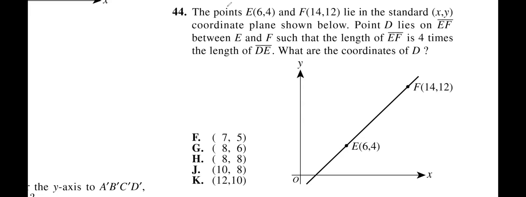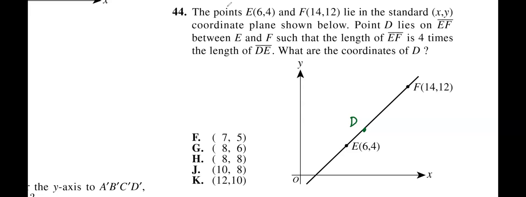Okay, so I'm estimating, folks. I really am. D is between E and F, but the whole thing is 4 times longer than DE. The length of EF, yeah, the whole thing is, okay.